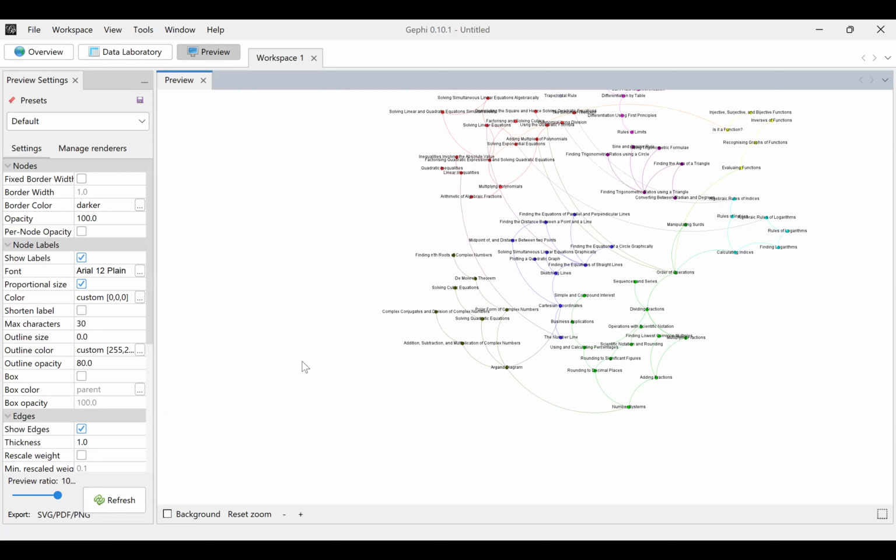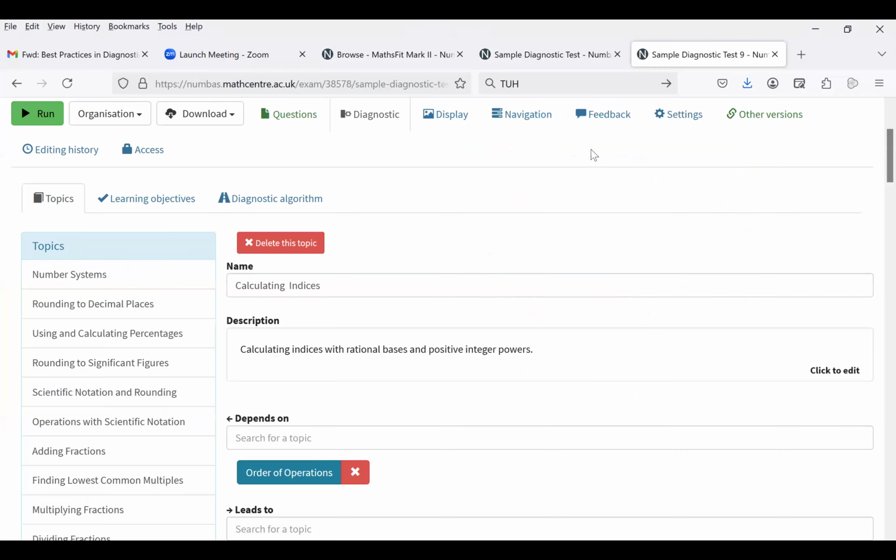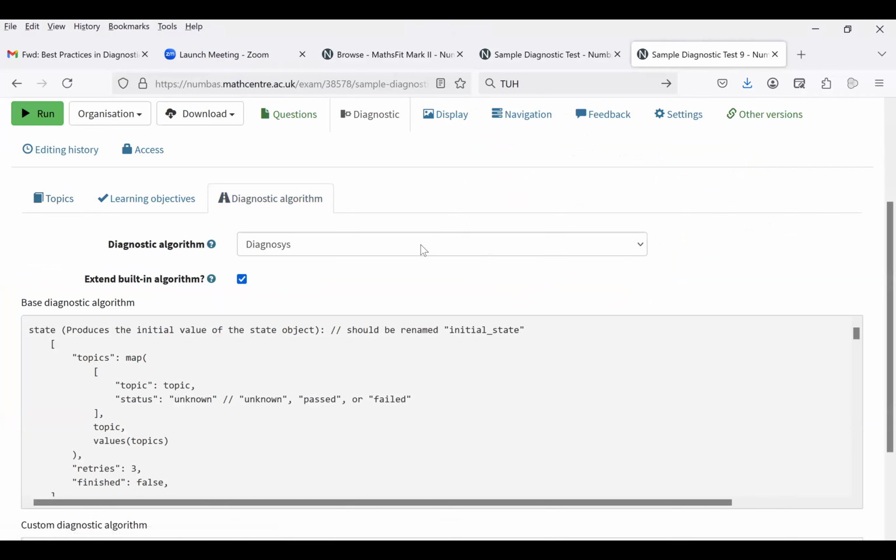What I might actually do is show an example of how this works. I'm being very brave now because this is where it could all go horribly wrong. We have a minimal working model, and it runs under a diagnostic algorithm. There are two basic ones.